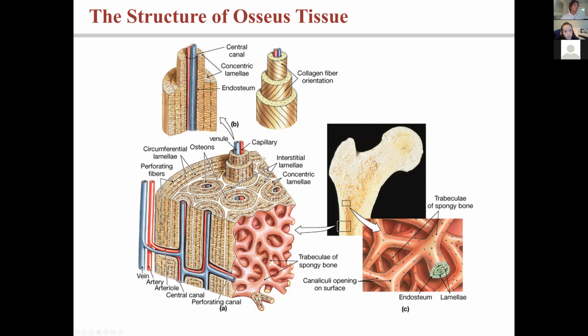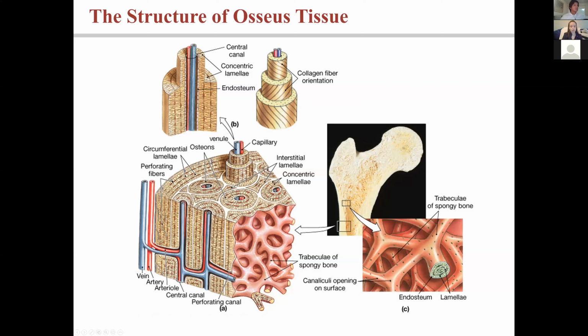Between each osteon, there's still some lamella. It doesn't have that much structure, but it is lamella nonetheless. That's an interstitial lamella, inter meaning in between. And surrounding each osteon is what is known as concentric lamella.